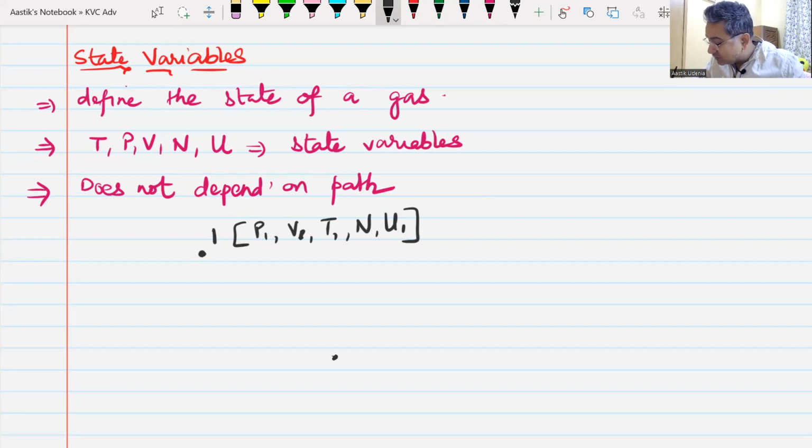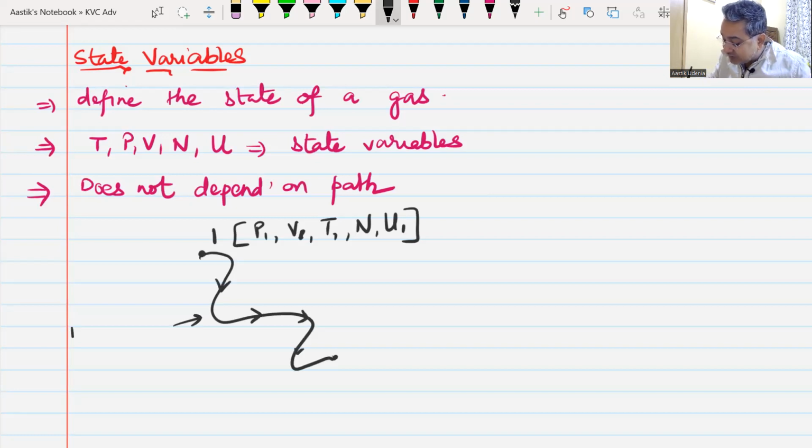Now if I change the state of this gas by a series of processes, these processes are known as thermodynamic processes, which are going to come in the next class. All the processes which change the state of a gas are known as thermodynamic processes.